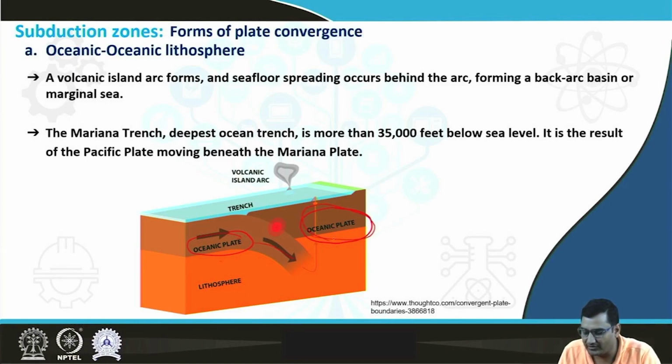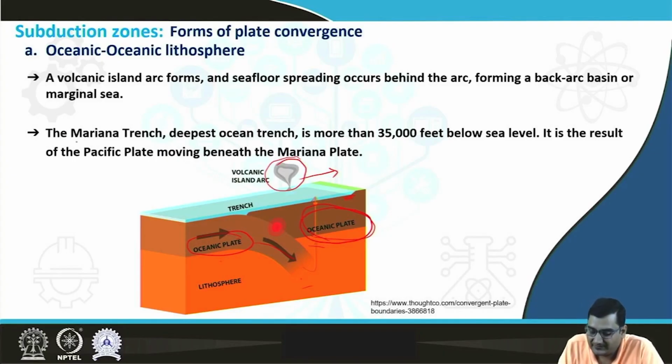Because the sinking plate has a lower temperature than the surrounding magma, part of it forms the volcanic arc just above it on the surface, and behind it there might be seafloor spreading happening, and that will form a back arc basin in this particular area.